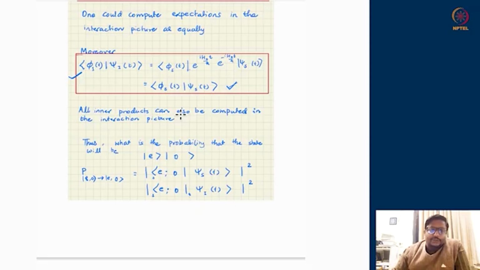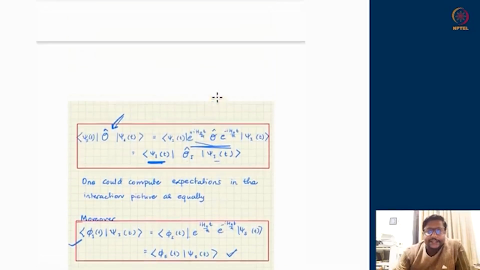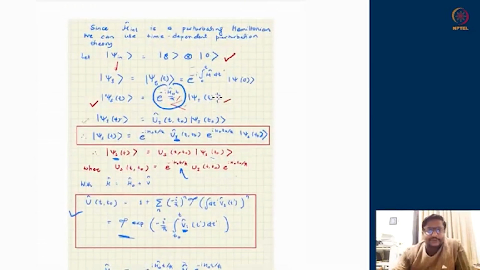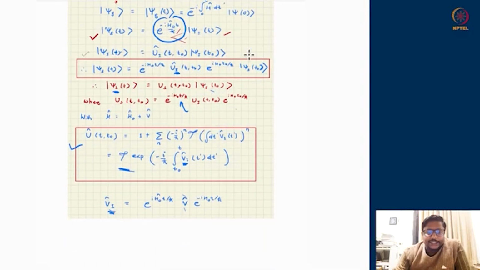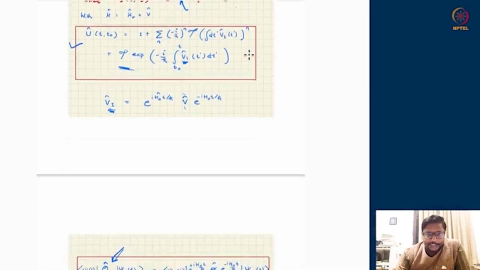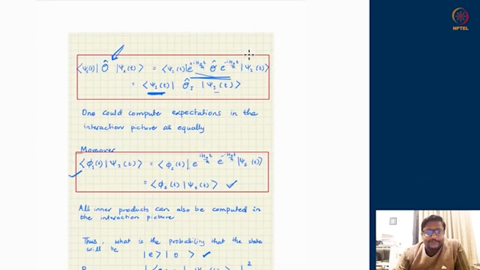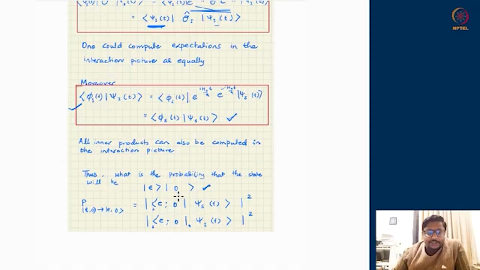Okay. So we know that in the Schrodinger picture, let us say, the initial state was the ground state for the atom and vacuum for the field. This was my initial state. I want to know, after a time evolution, what is the likelihood that the state has become excited in the atom while the field is still in the vacuum.